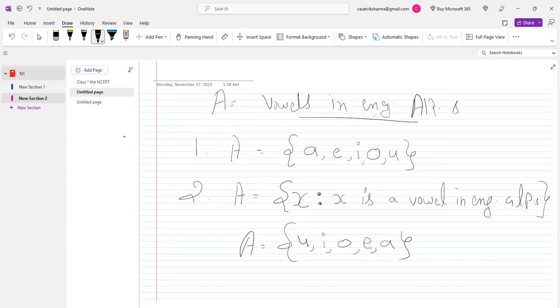One more thing. U belongs to set A. So we have this symbol to represent the term belong. A belongs to A. U is an element in this set.